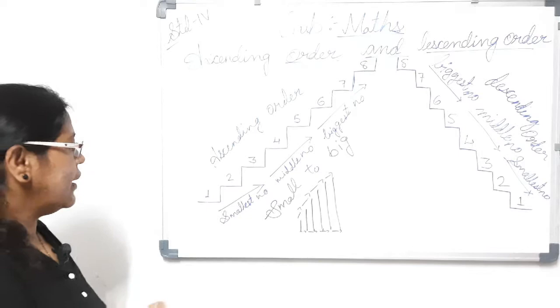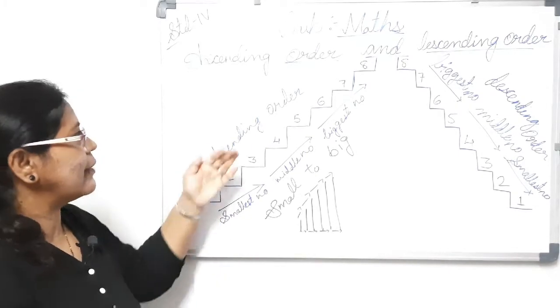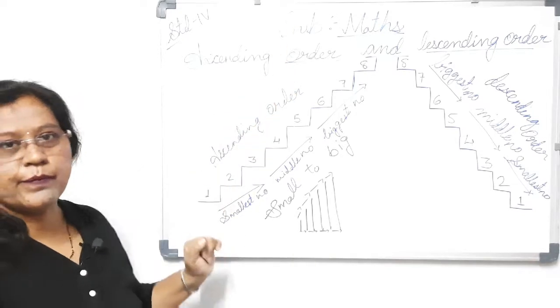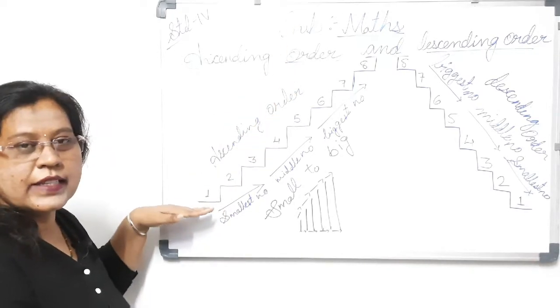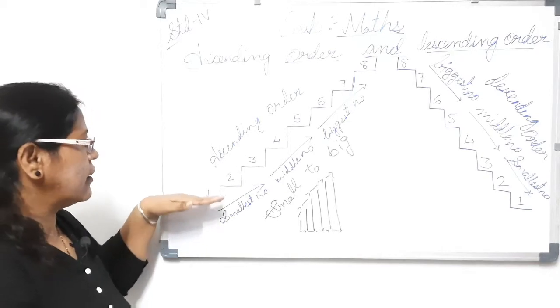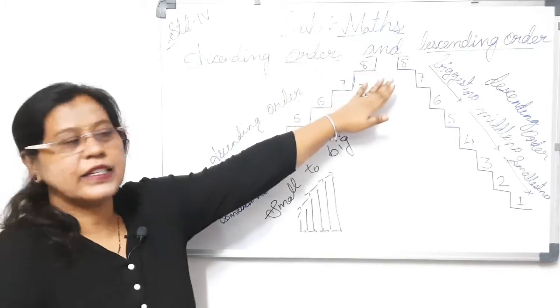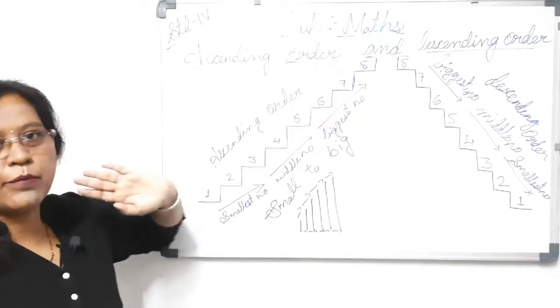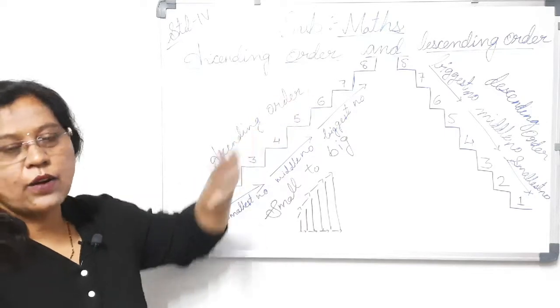For example, if a boy wants to climb to the 8th step, he will climb the staircase first at step 1, then 1, 2, 3, 4, 5, 6, 7, and at last he reaches the 8th step of the staircase. This is called an ascending order.